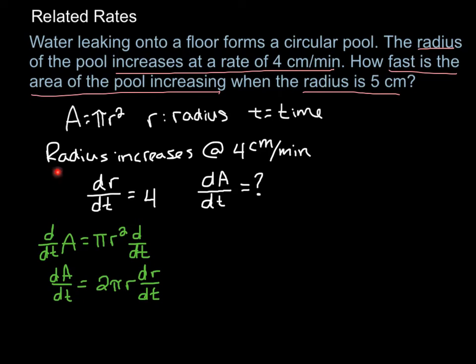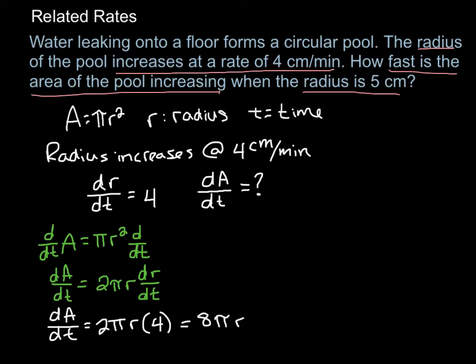And we know the radius increased at 4 centimeters per minute, which was our dr/dt. So now we can plug this in. We have dA/dt equals 2 pi r times 4, which is 8 pi times r.